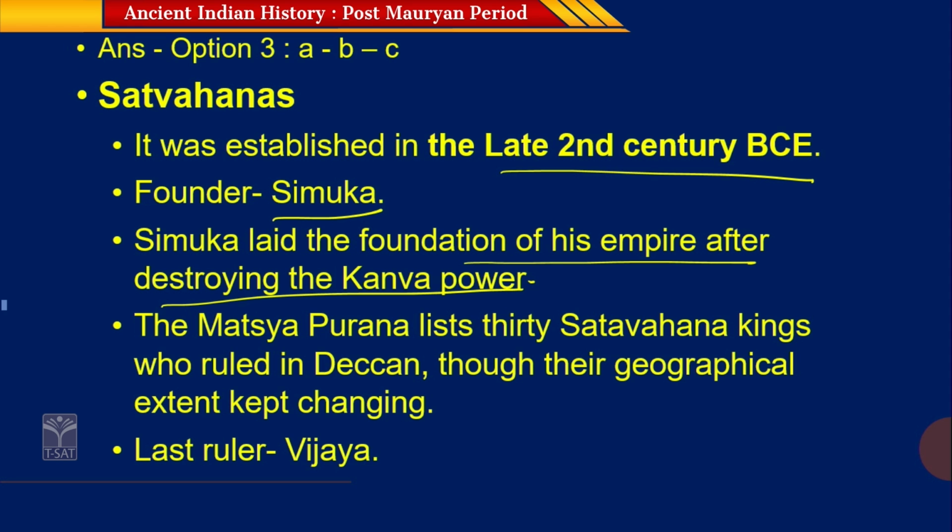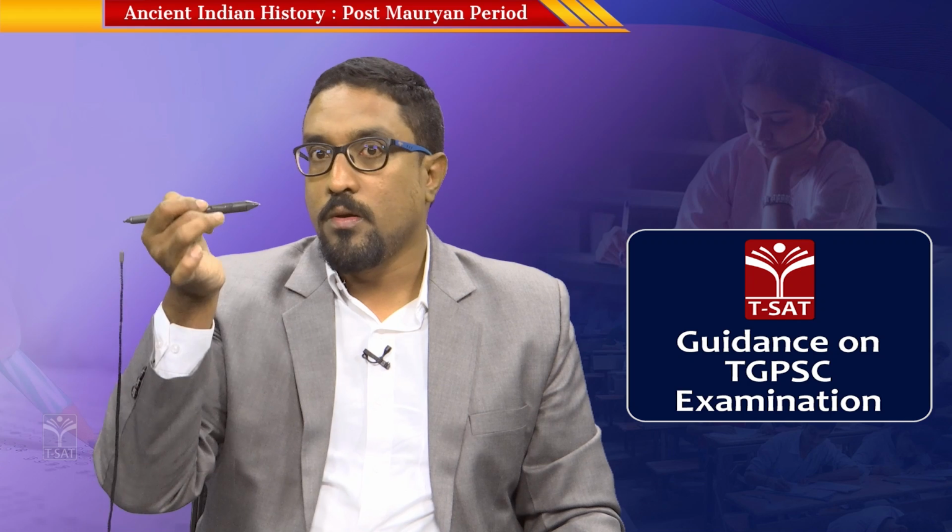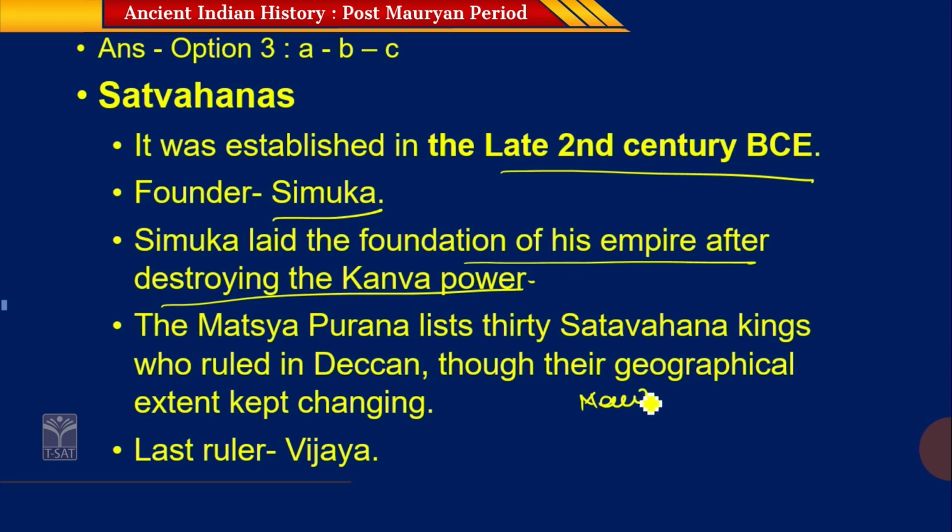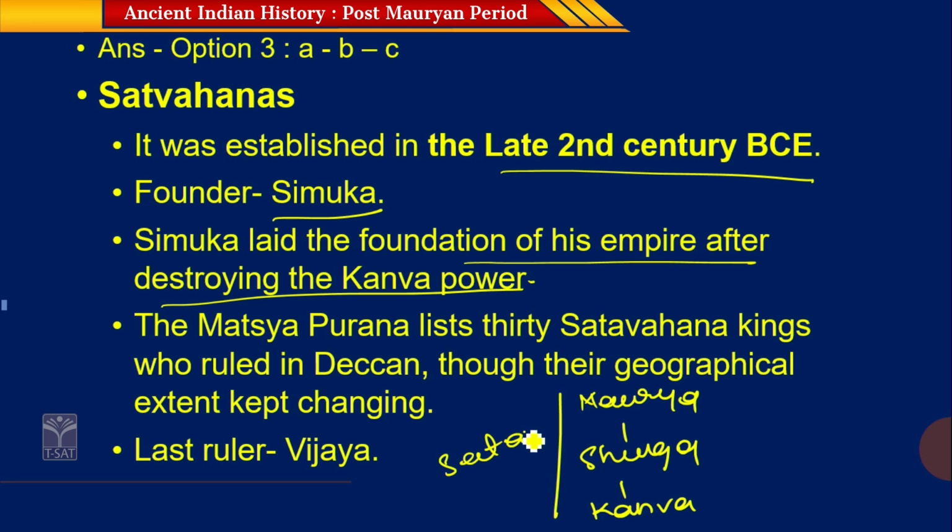Kanvas were the successors of Shungas, who were the successors of Mauryas in Pataliputra. Mauryas were succeeded by Shungas, who were succeeded by Kanvas. And all the while, parallelly, Shatavahanas existed. They were competing with these two, and Kanva was completely eliminated.